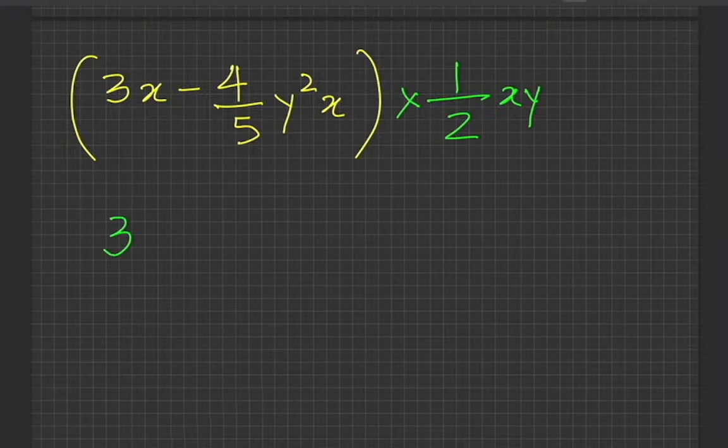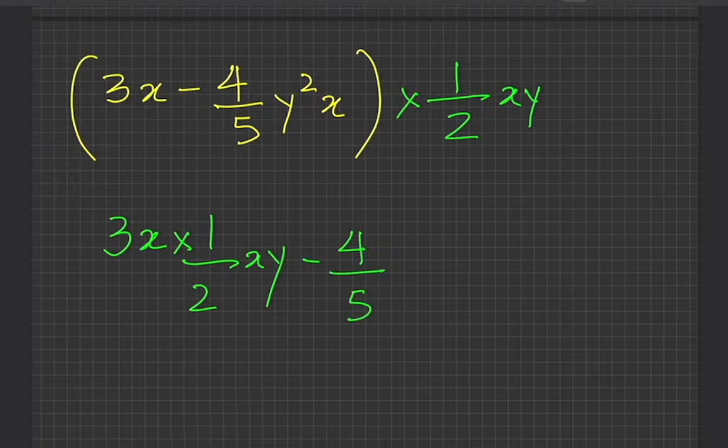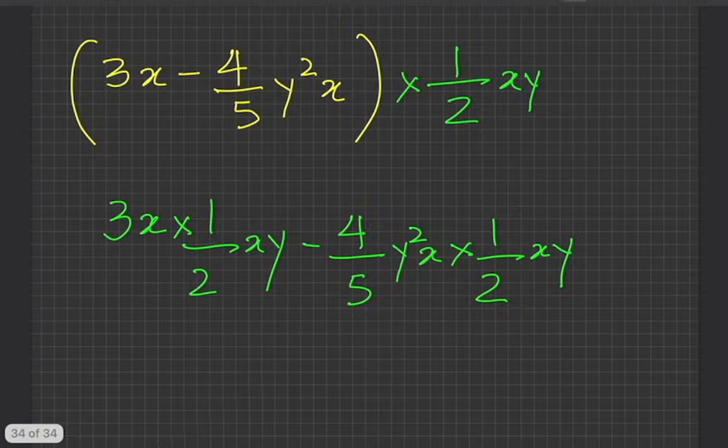So let's say 3x times 1 by 2 xy, minus 4 by 5 y squared x times 1 by 2 xy. Same thing, multiply the numerical coefficients.